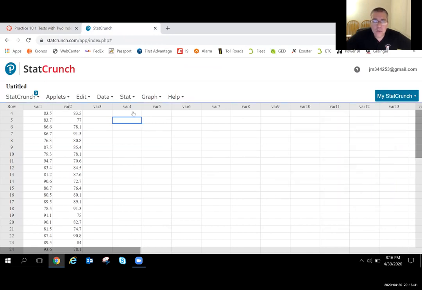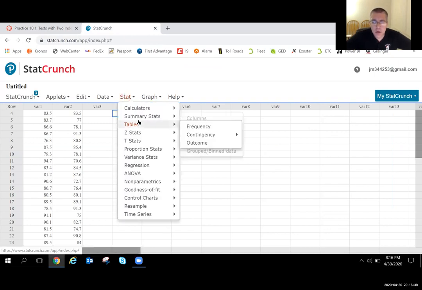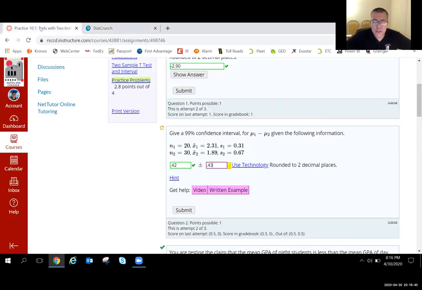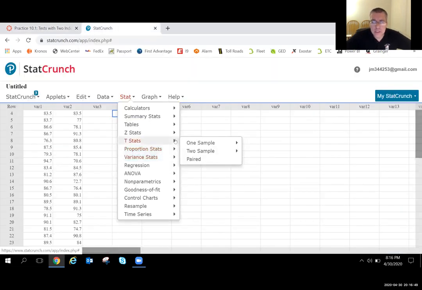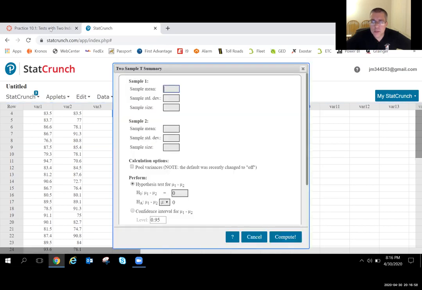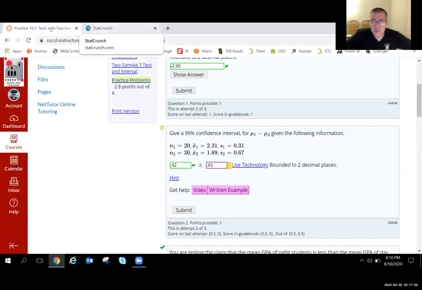And then we want to do stat, and this was a proportion. Were those proportions, or was it T? No, it's T. Sorry, it's T. It's means. So T stats, and then two sample with summary. Okay, and then we just plug in the values that we have, 20, 231, and 0.31.